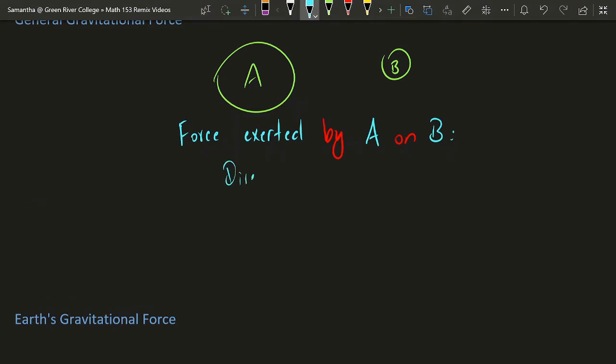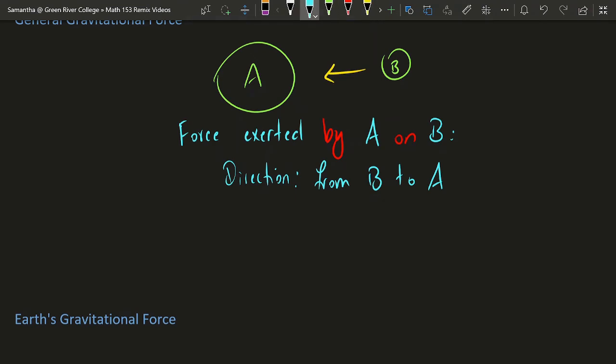First of all, the direction of the force is going to pull object B in toward object A. So the direction of gravitational force applied to object B points in toward object A.